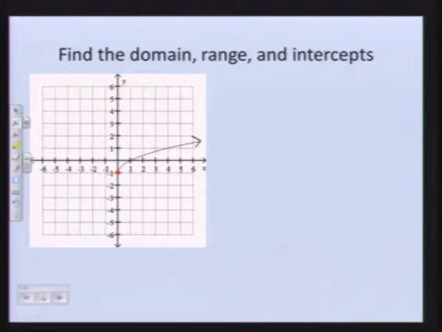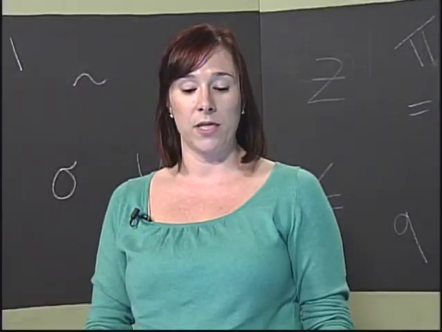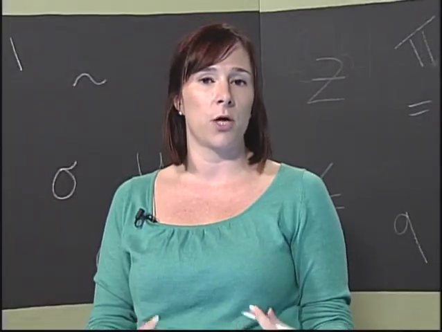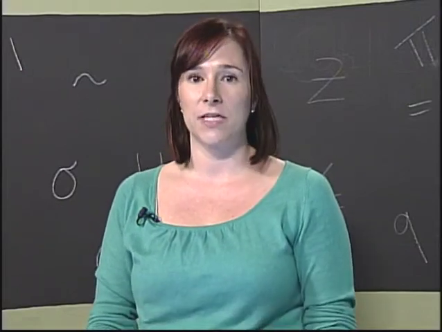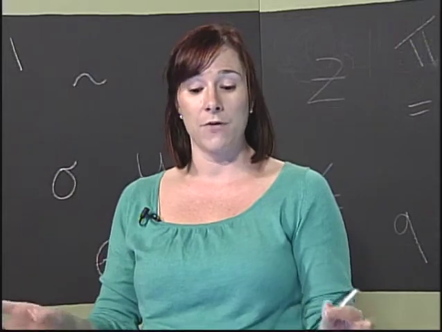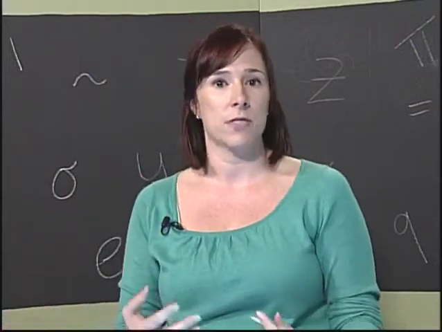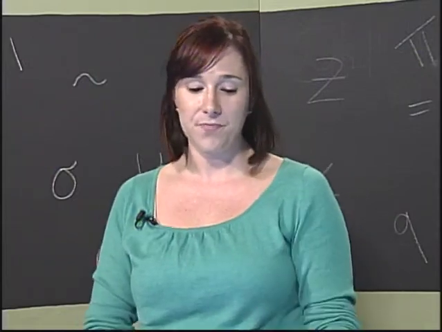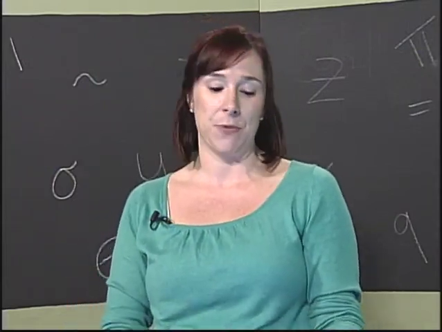When that happens, I want you to just imagine that there's an arrow. If the graph is going to end, if it's going to stop, it's going to have a point of some sort, whether it's an open circle or a closed circle. They're going to specifically let you know that the graph is going to end. Otherwise, if it's just going off, you just assume that you have an arrow and that it's going infinitely in that direction. So let's first look at the domain.